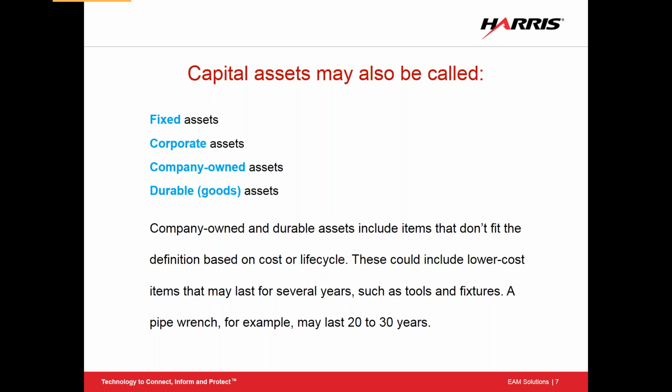Capital assets may also be called other things like fixed assets. Corporate assets, I already mentioned, company-owned or durable goods assets. And we'll look at some examples of these here in a few minutes. So there are lots of other terms for capital assets. These are probably the most commonly used descriptions.